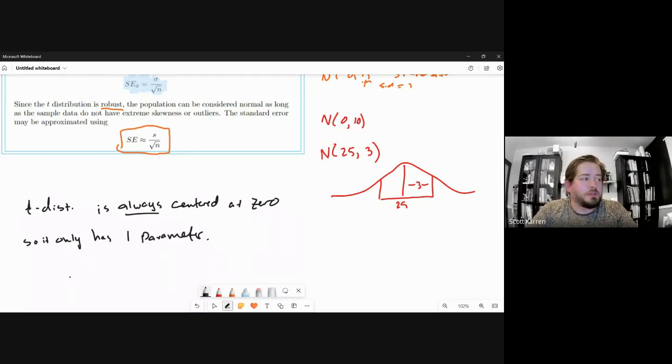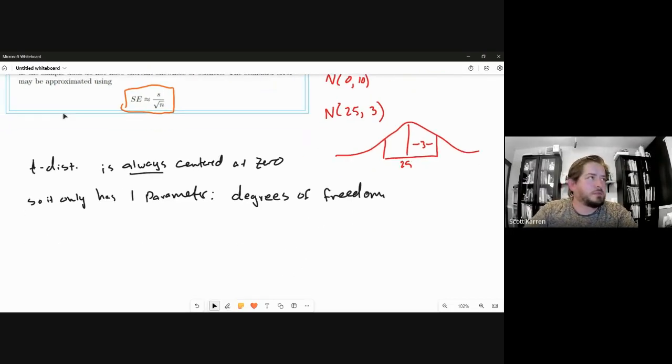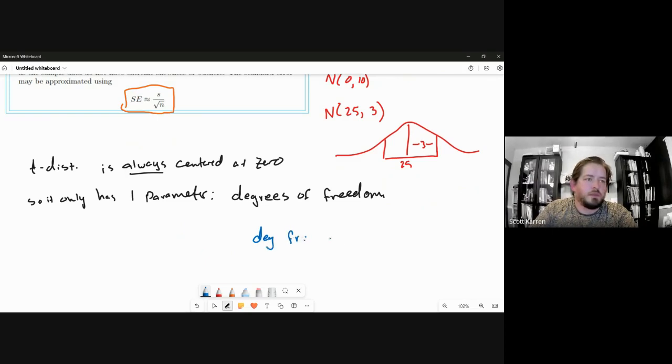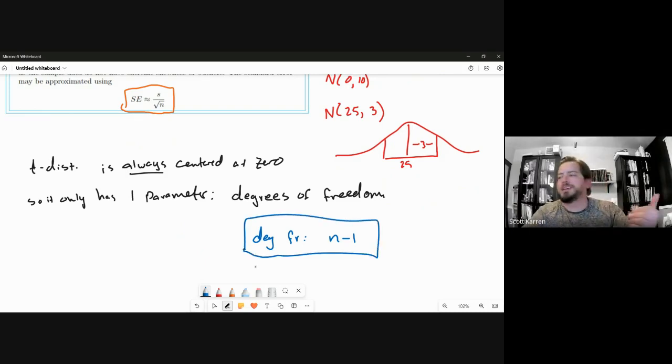And that parameter is called degrees of freedom. And the degrees of freedom of a sample is always just n minus 1. So it's not terribly hard. It's just 1 less than the number of samples or observations in your sample, right?